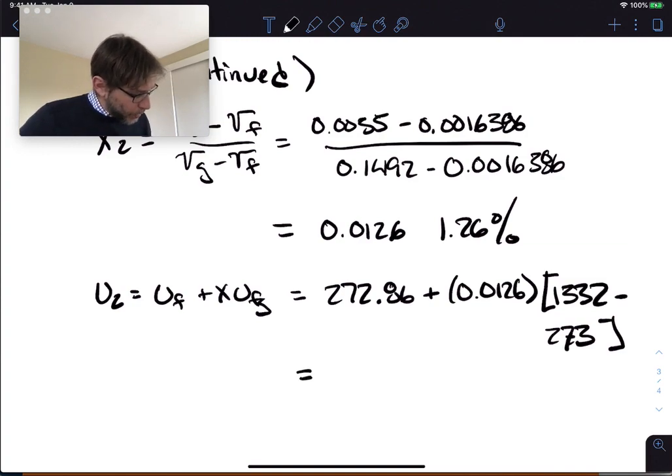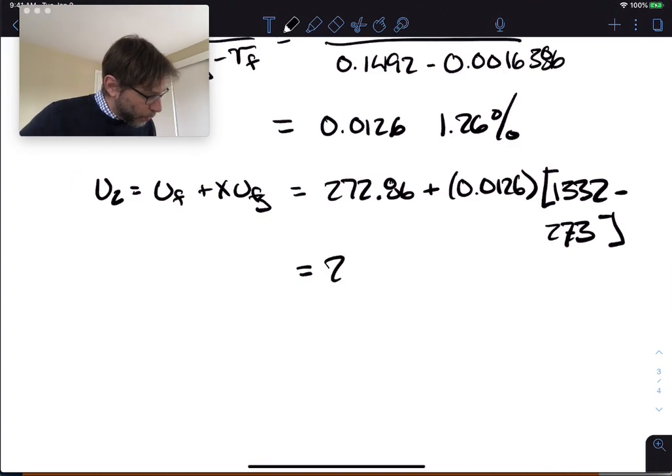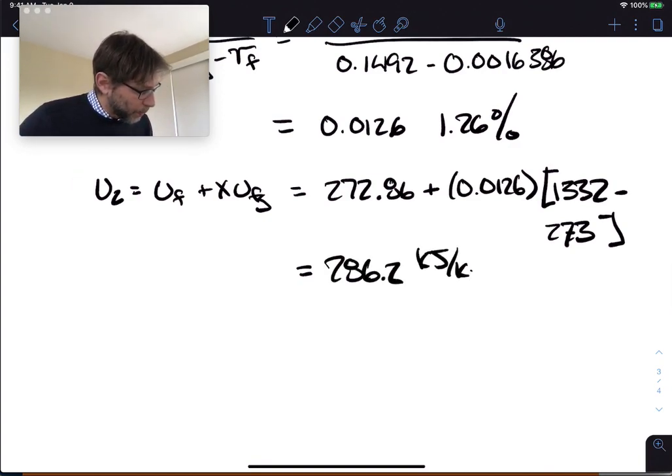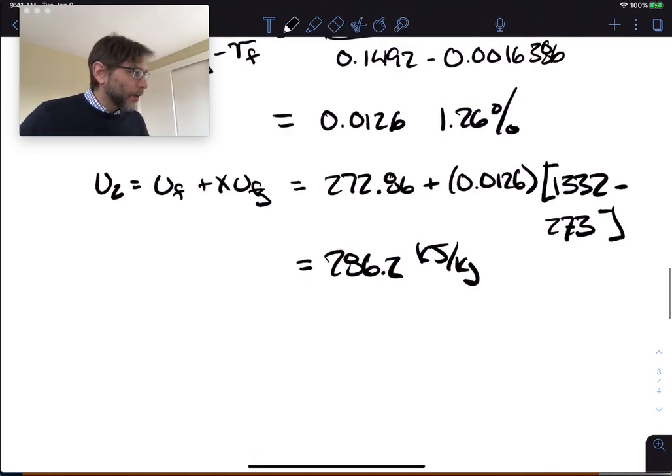This ends up being U2 equal to 286.2 kilojoules per kilogram.